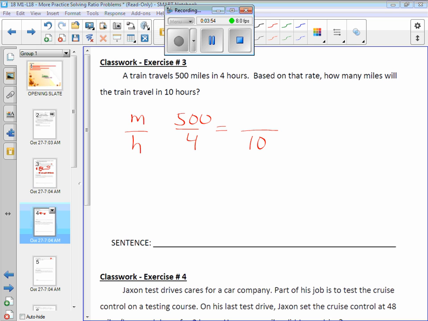Here's why this is a little different, a little bit of a challenge. Some of you might be able to right away see what you have to multiply 4 by to get to 10. And if you can do it and you know it, that's fine. But I'm going to show you another way if you get stuck here. So, do you see it or do you not see it? 4 times what makes 10?